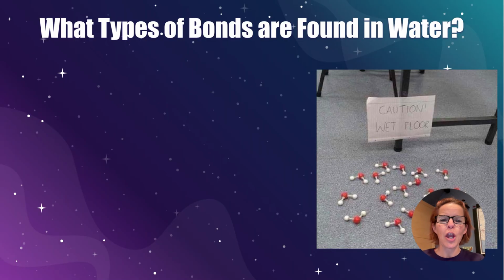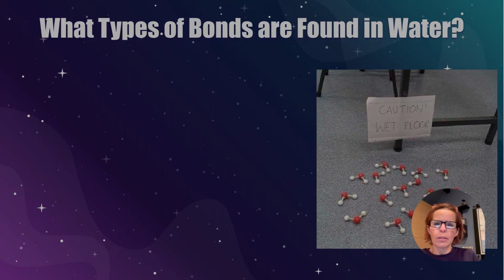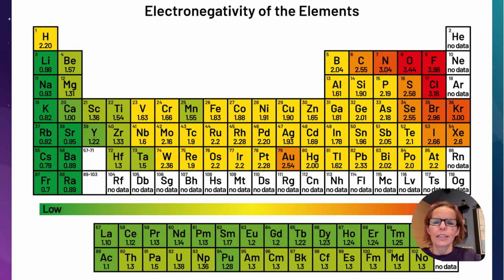Okay, so now water, it turns out, is phenomenally important on this planet. So we need to spend a little bit of time talking about water specifically, and it comes up in AP biology as well. What types of bonds are found in water? Well, let's do the math. So let me hop back a couple slides. Let's look at that math.